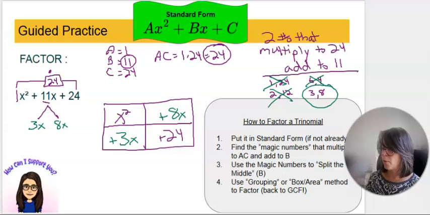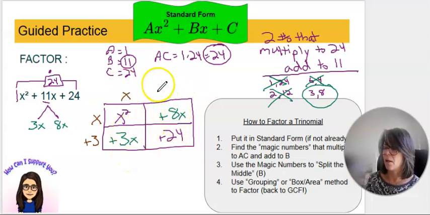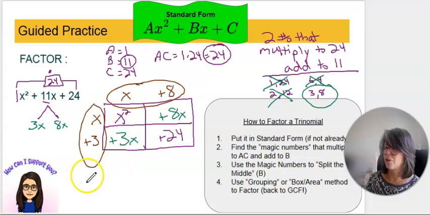GCF, every row and column, just the same way that you've done it before. GCF, the first row is x, and the second row is positive 3. GCF, the first column is x, and the second column is positive 8. Look what I've got. There are my factors.